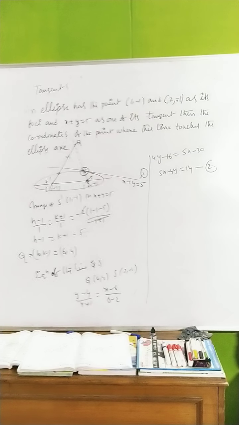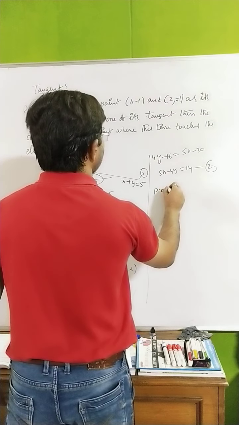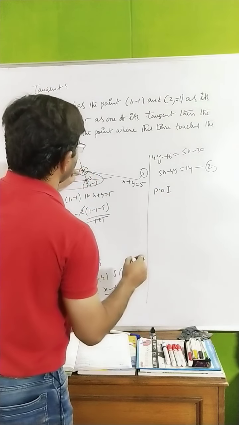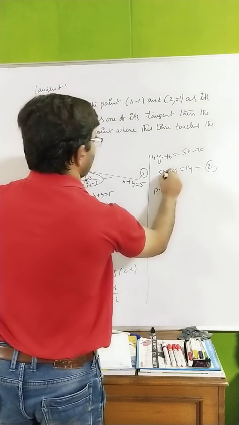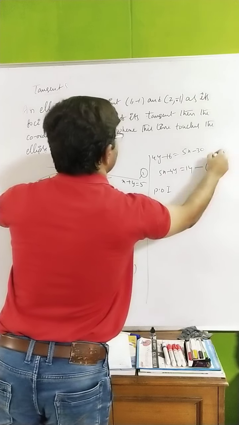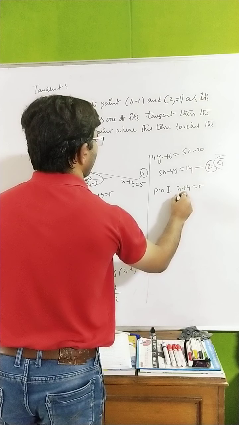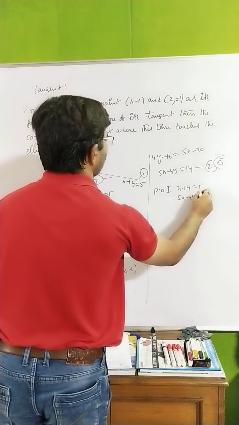Now I want to find the point of intersection of these two lines, where this line is QS. Point of intersection of x plus y is equal to 5 and 5x minus 4y is equal to 14.